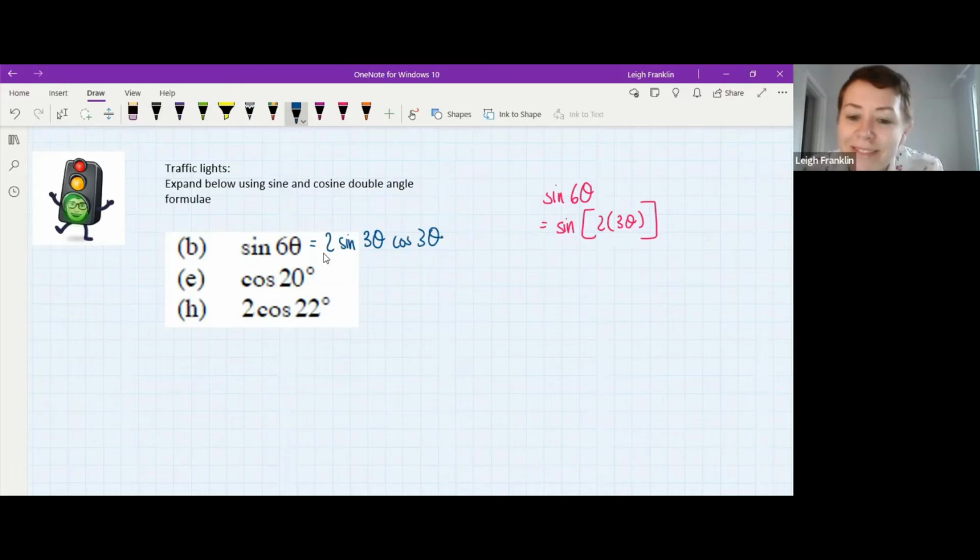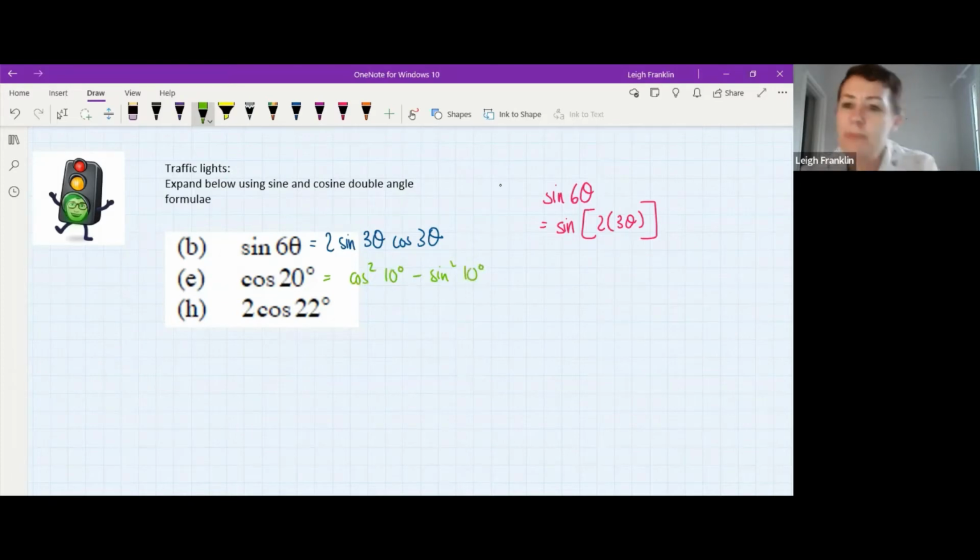All right. Correct, Tabili. I quite agree with you. Now, cos 20. Anybody want to share their answer for cos 20? Cool. Natasha, go for it. For E, I got cos squared 10 minus sine squared 10.